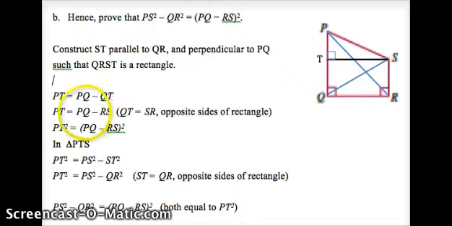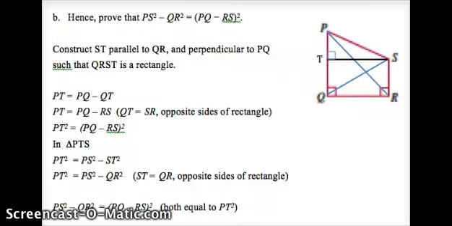So if PT is PQ minus RS, then PT squared will be all of that expression squared. So you must put it in brackets. So it's PQ minus RS in brackets all squared, because what is in brackets is what PT is, and we just want PT squared. So we leave it like that, we don't expand it.